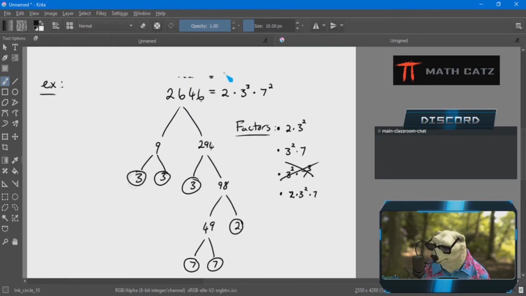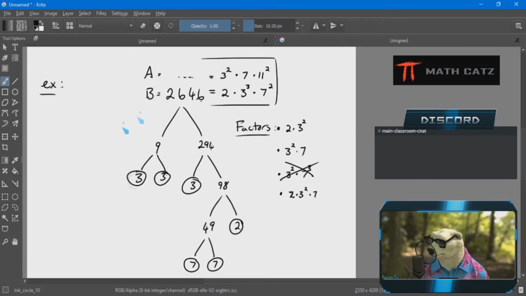Who cares what it is? I get maybe 3 squared, and maybe I get a 7, and maybe I get a couple of 11s. Let's suppose these are my two numbers. Let's call this A, let's call this B. Just for convenience, I don't know the other number.